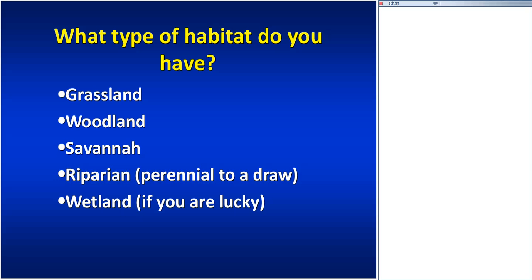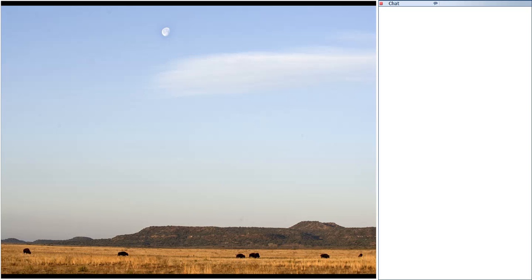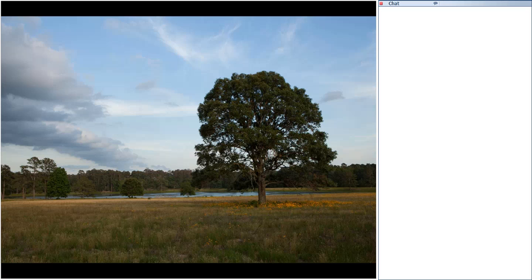But here's some examples of the grassland type situation. And as I mentioned before, here's another grassland, more of an East Texas grassland, and it may be more of a pocket surrounded by woodland.